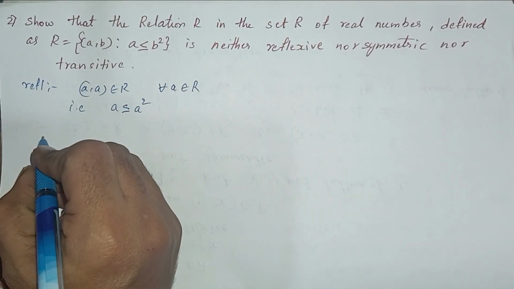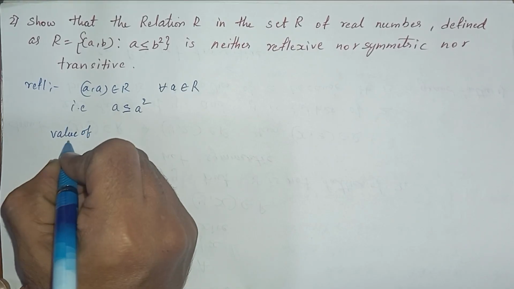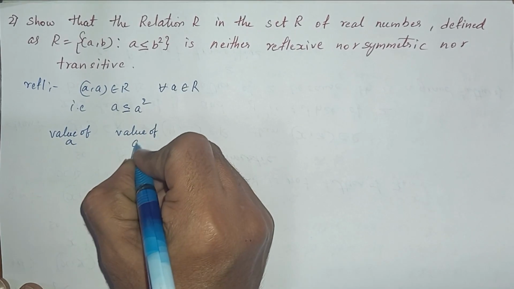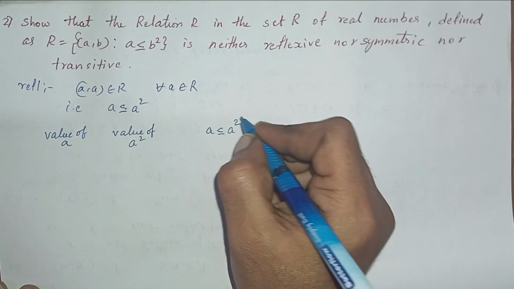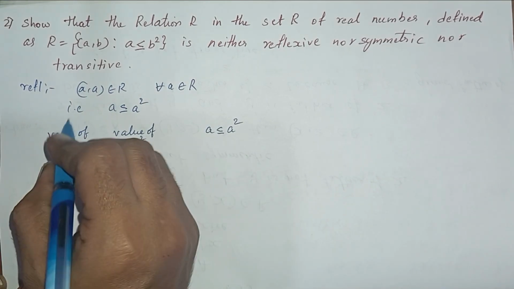So for that we'll take a few values, like the value of a, then the value of a squared.